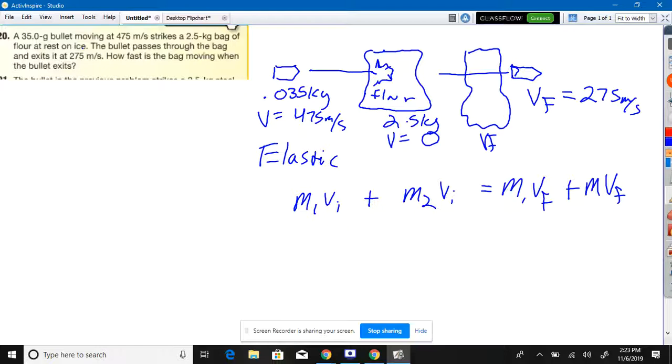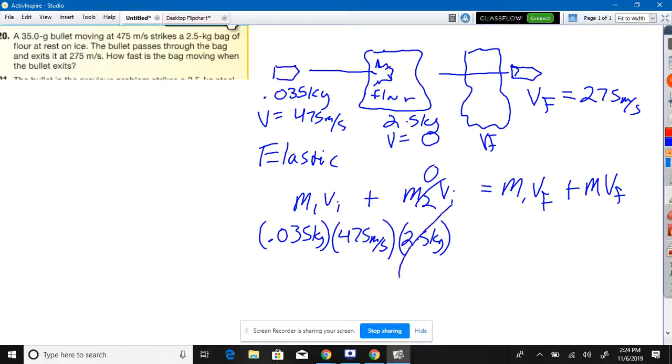What you guys are going to do on YouTube is figure out this problem. You're going to do it in your book. I'll write the data down. You've got to figure it out. There's the mass of your bullet. Initial velocity of 475 meters per second. Mass of the bag, 2.5 kilograms. That's 0, so you don't even need to write that.